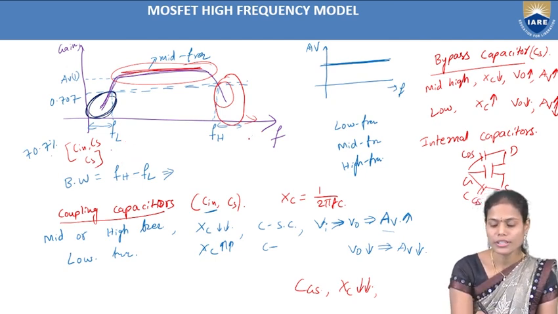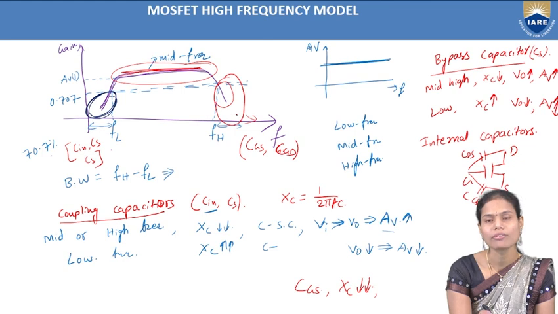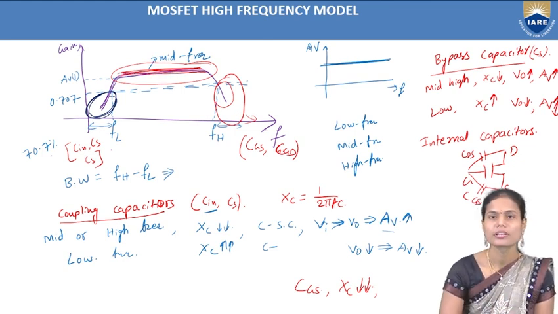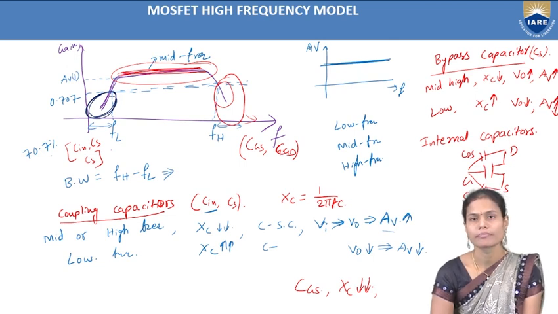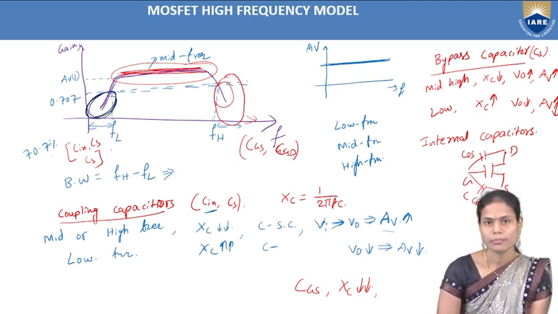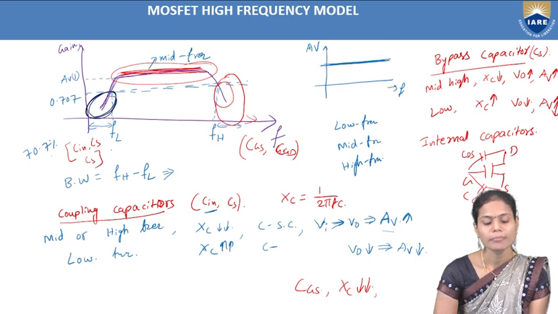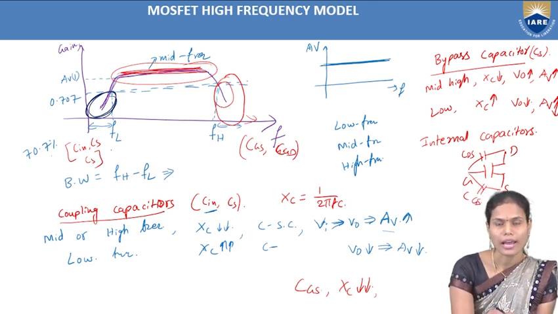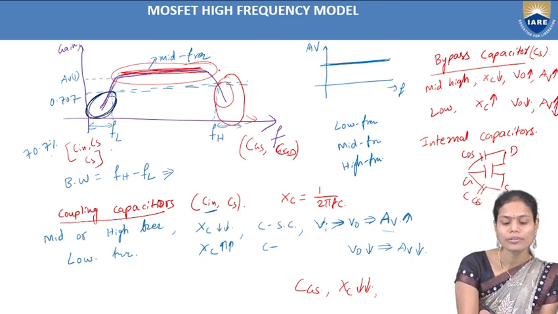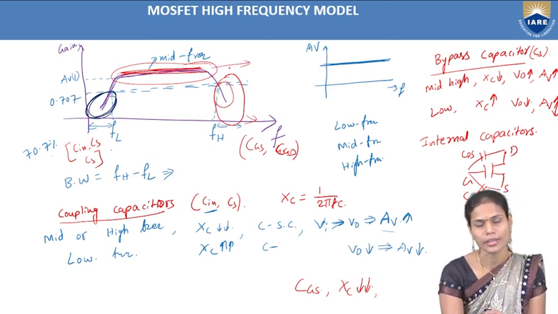And because of the internal capacitances CGS and CGD, there is a reduction of gain in the high frequency range of signals. But at mid frequency range, we get constant gain. So depending on our applications, we have to operate our amplifier in the mid frequency range in order to get constant gain.